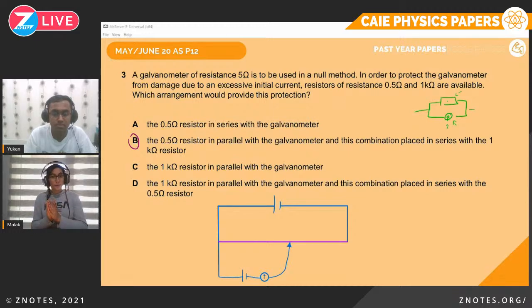So the resistance of both of them right now is very small. And then that is in series with a 1K ohm resistor. Now this would offer the best protection because we basically have 1K resistance with a very small resistance on the other side. So we choose that option. Is that clear?